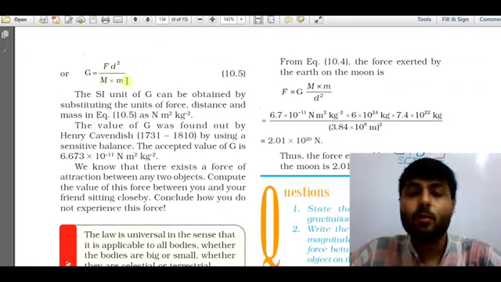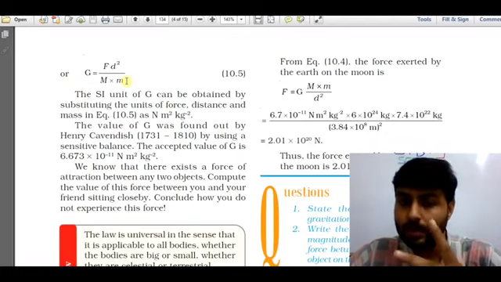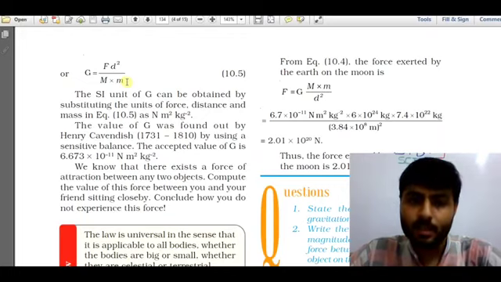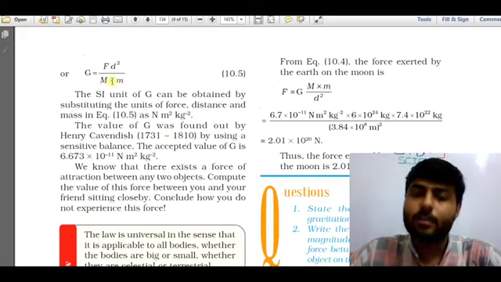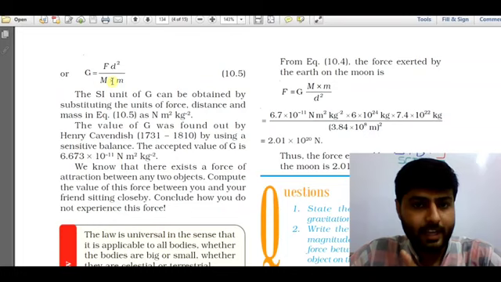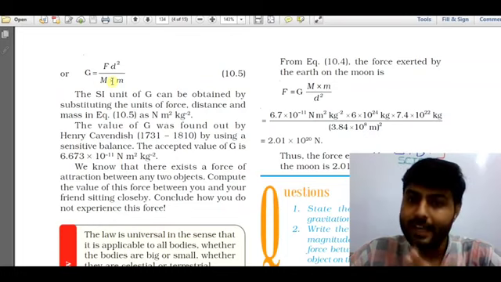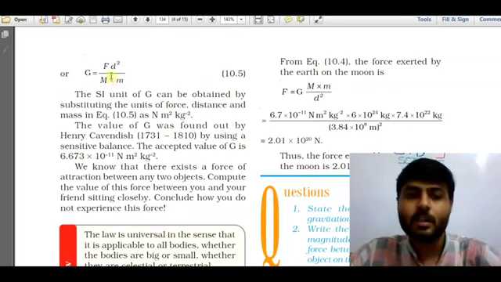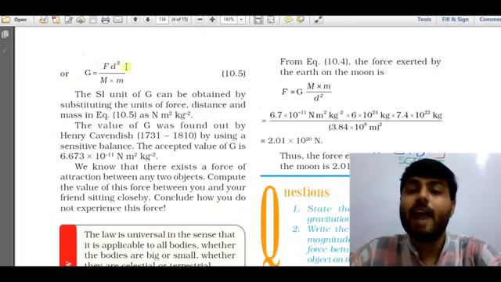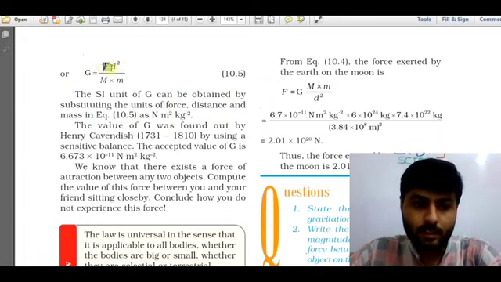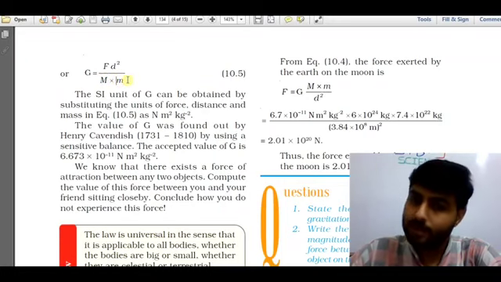In denominator we have two masses, and SI unit of mass is kg. So in denominator we have kg multiply kg, that is kg square. So we have Newton meter square divide kg square.